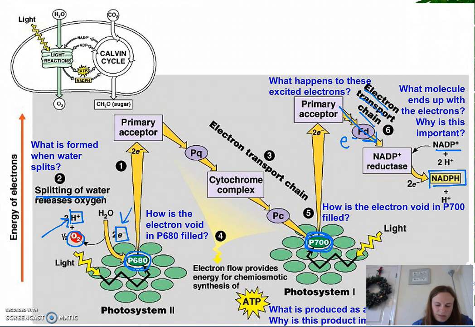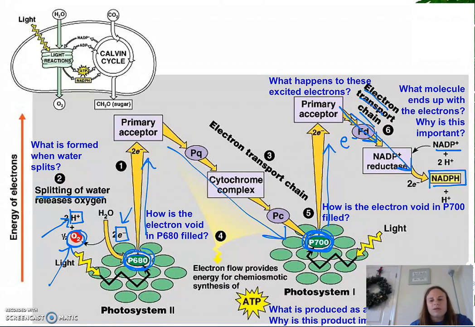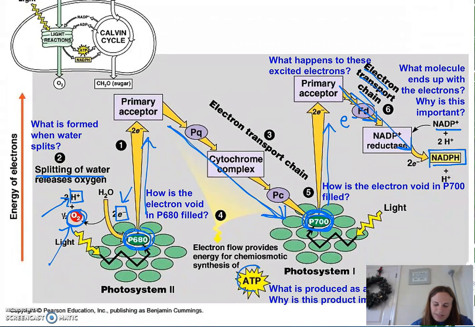The electron is ultimately going to replace the one that was lost in P680, get excited, travel down an ETC, replace the electron lost in P700, get excited, travel down an ETC, and help reduce NADP plus to NADPH. The oxygen is going to get released through the stomates, or it can be used by the mitochondria for cellular respiration. Now, what's produced as a result of this first electron transport chain is ATP, and that's important because that's also needed for the Calvin cycle.